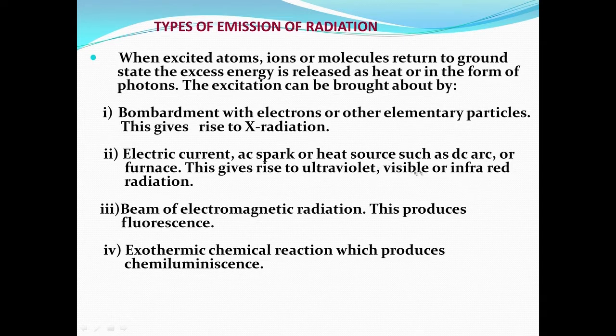UV absorption, visible absorption, infrared absorption, these are all very familiar to us in terms of absorption, because whenever you see a colored glass, you will see only the color of the glass, like wearing a goggle. If you are wearing a blue goggle, you will see everything blue. That means all other colors are absorbed. So, absorption is a phenomenon known to all of us.